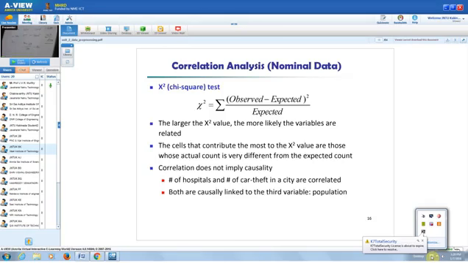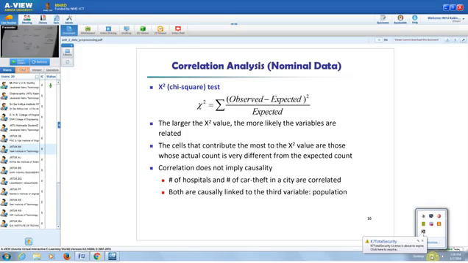So the expected value is: there are a total of 300 males, but out of 1500, how many said we like fiction? Only 450 participated for fiction out of 1500. So 450 by 1500 into this 300. That is the proportion, that is the expected value.